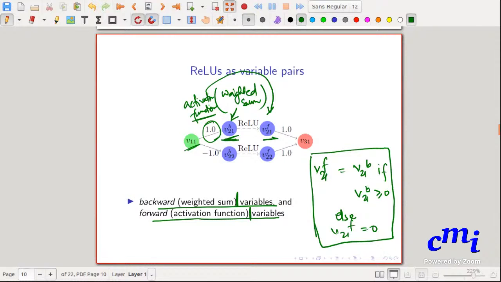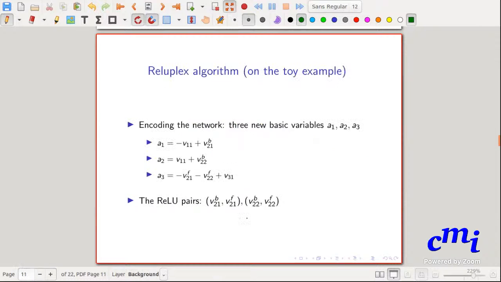This is just the same network, a way of imagining how things are happening. And for every variable, you have now these two variables that you have introduced, a backward facing one and a forward facing one.